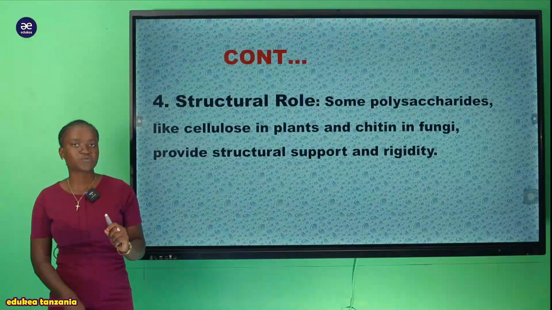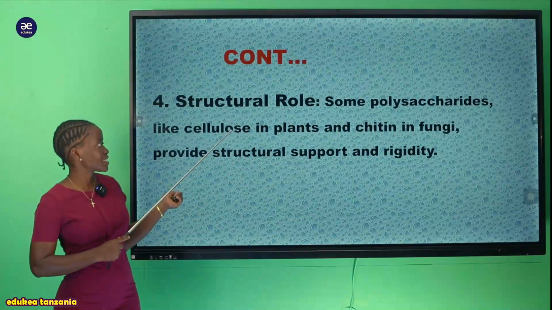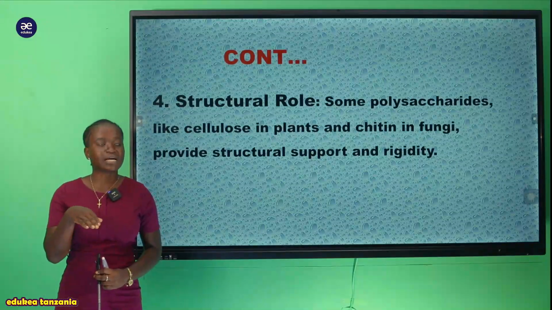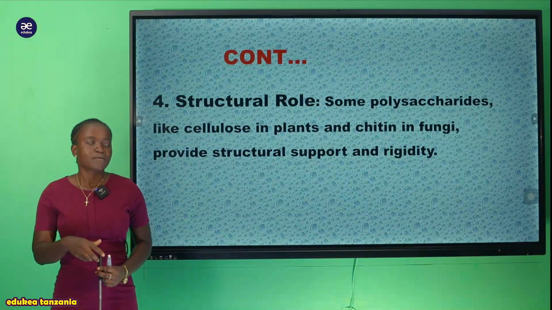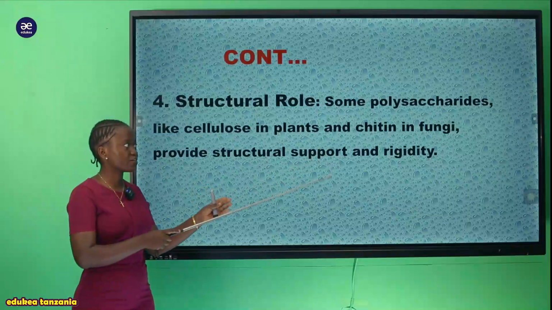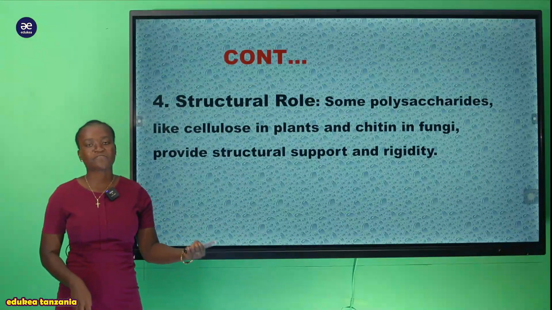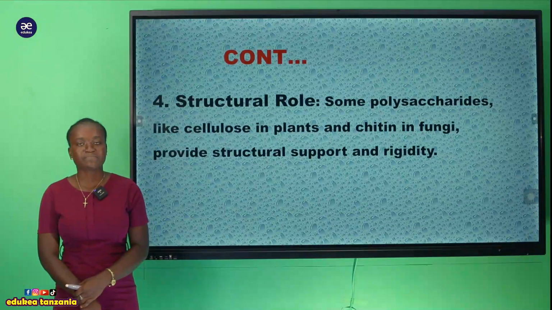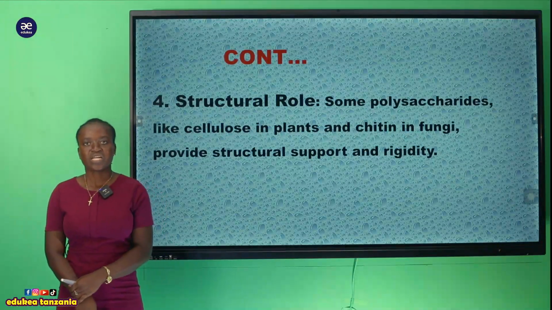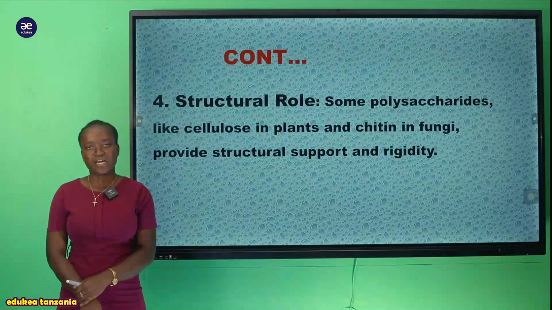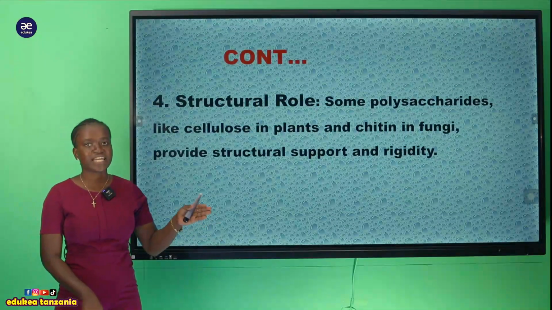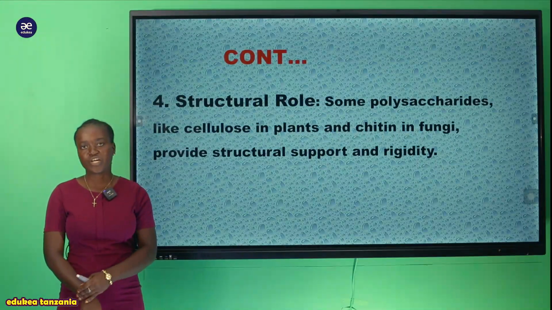For example, cellulose, which is found in plants, provides rigidity in the structure, and chitin, which is found within the fungi, also provides rigidity in the structure of the fungi. So simply we can say that polysaccharides, mostly cellulose and chitin, are used to provide structural support within those organisms, that is plants and fungi respectively.